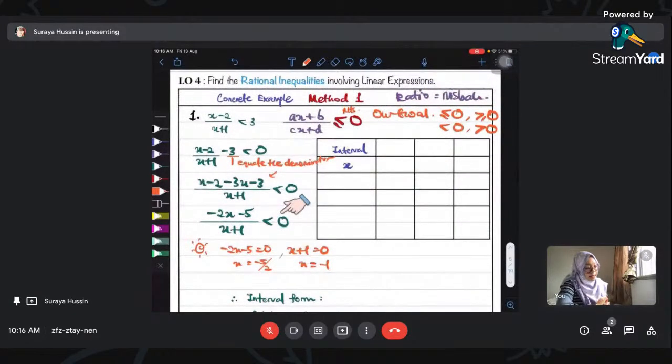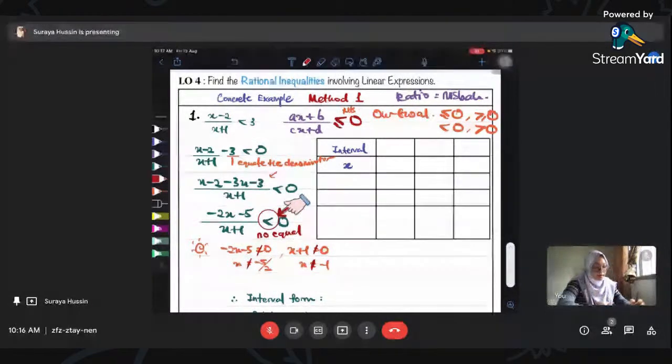Alright? The thing is, you must check. Bulatkan ni, sebenarnya itulah fungsi saya kenapa saya buat tangan ni. Tangan ni nak menunjukkan kepada less than. And then ada equal ke tak? No equal. So kalau no equal means not equal, not equal, not equal, not equal. So kalau not equal, apakah bentuk bracketnya?